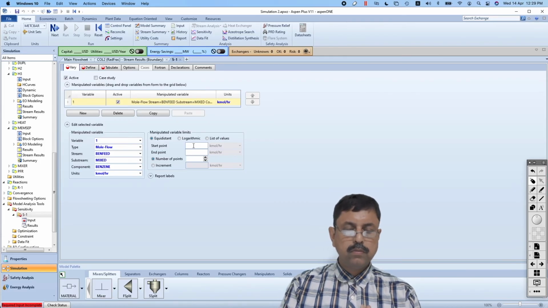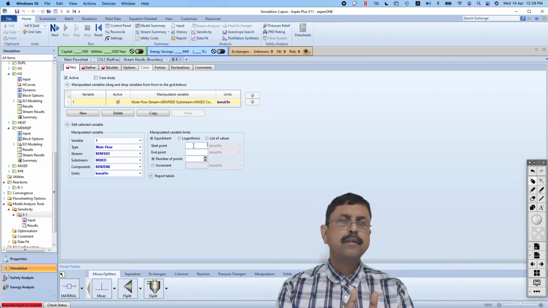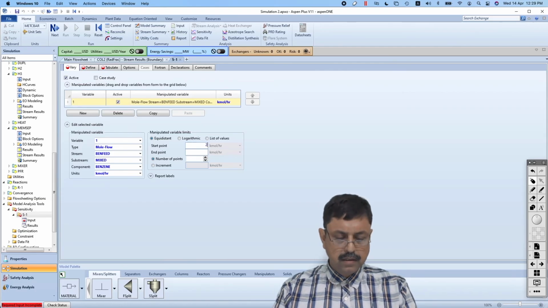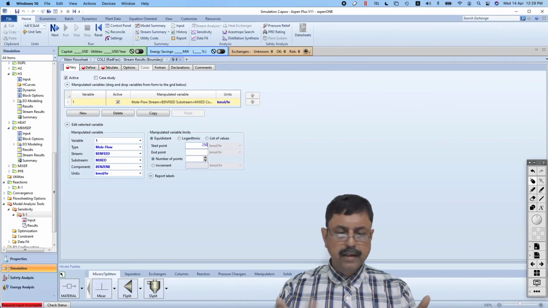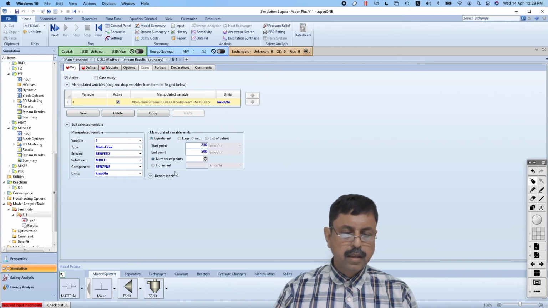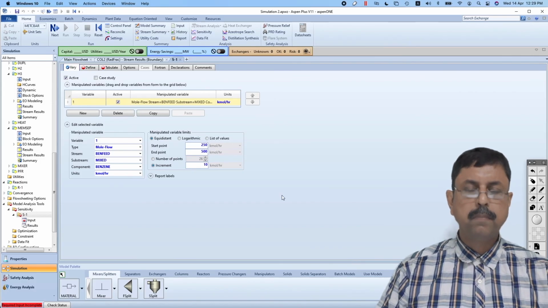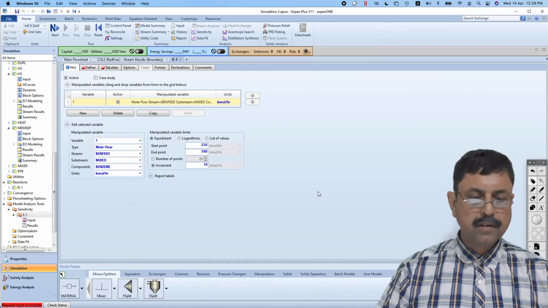Now, the original flow is 400 kilomole per hour, so let us check between 250 and 500. It's a wild guess; you can increase or decrease the range also. We will increment by 10 kilomole per hour, so 250, then 260, 270, etc.